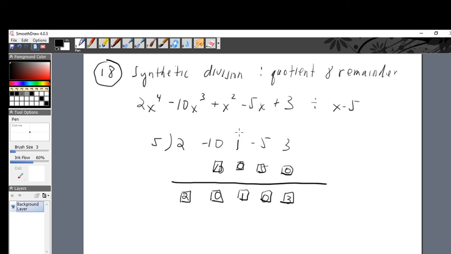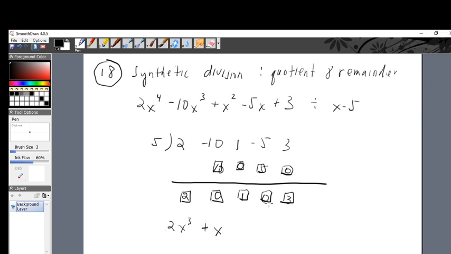What's the answer? This started out with an x to the fourth, right? So the answer is 2x cubed. You do one less than the original. 2x cubed. The next thing will be 0x squared, so just skip it. Then this is going to be 1x, that's x squared.